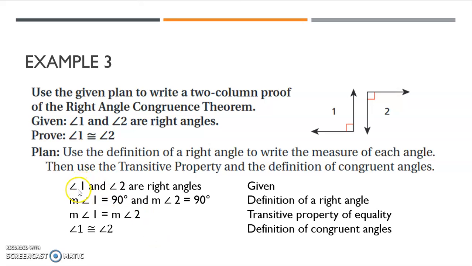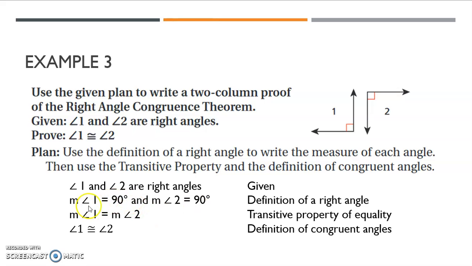So notice I filled in the first step with the given statement right here, and I wrote given next to it. The next step, my reason was definition of a right angle. What I did is I said that the measure of angle 1 has to be 90 degrees, and the measure of angle 2 has to be 90, because that's what it means for something to be a right angle.